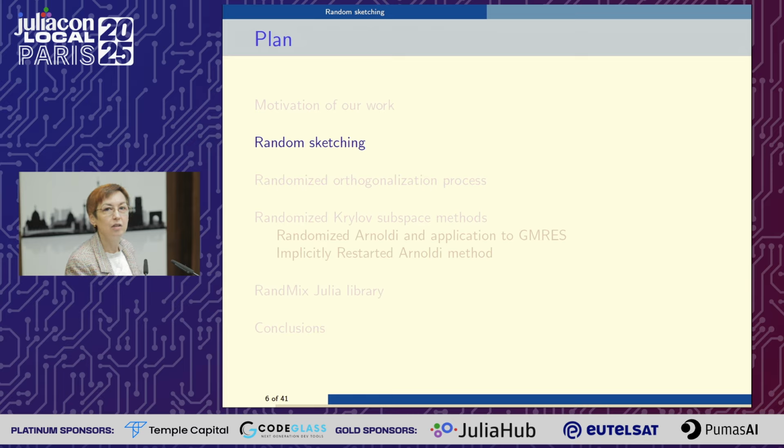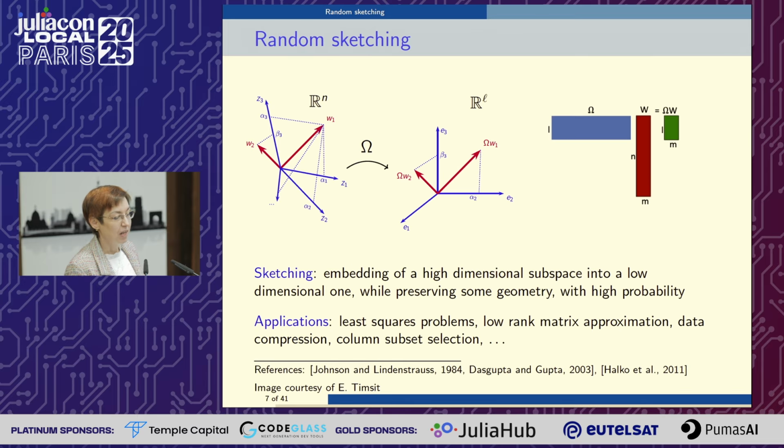And I'll start with the basic sketching that we have to do when using randomization. So sketching consists in embedding a high-dimensional subspace, so for example, which lives in R^n, where n is going to be very large, into a low-dimensional one through a linear mapping Omega, such that some geometry is preserved with high probability.